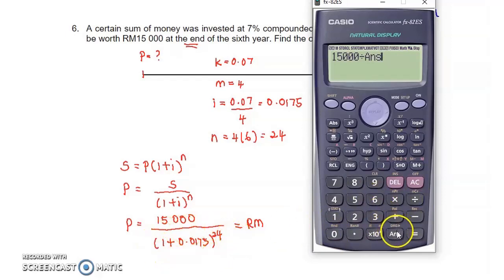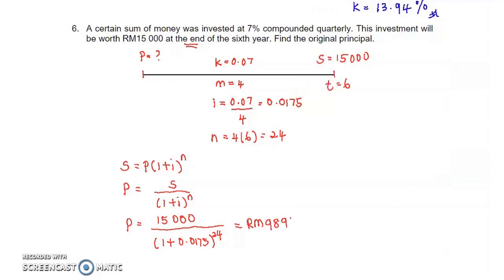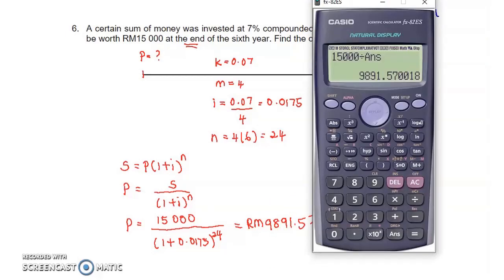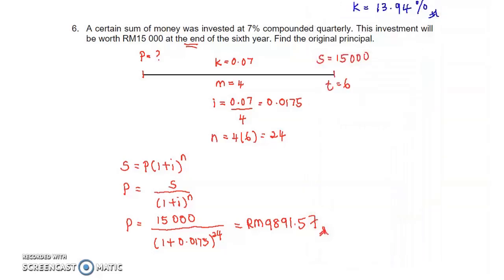So P is 9,891 ringgit 57 cents. So value P must be less than value S, 9891.57.